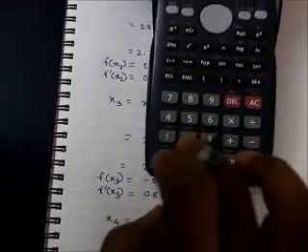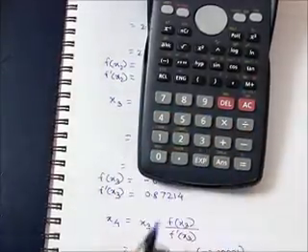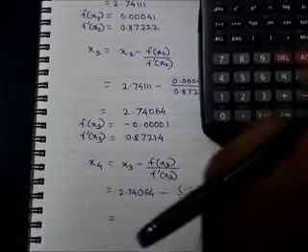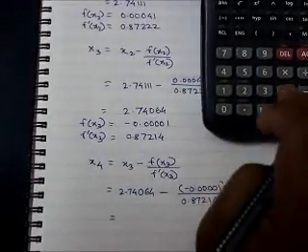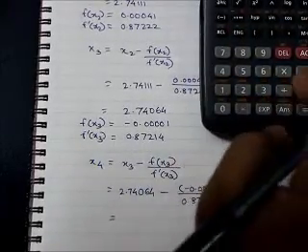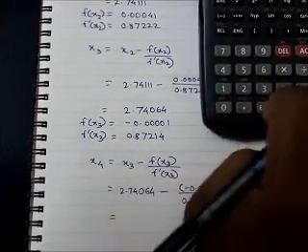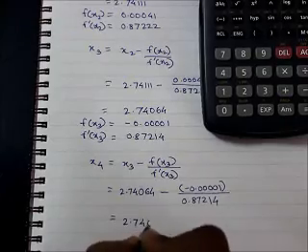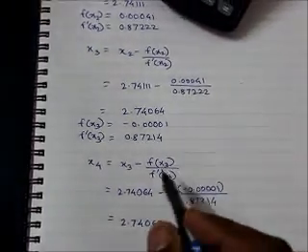Okay, which is equal to 2.74064, and minus minus would be plus 0.00001 divided by 0.87214, which is 2.74065. Okay, see how close we are.